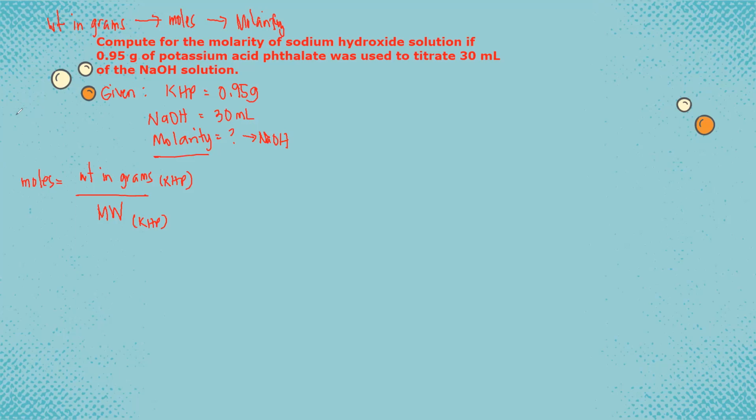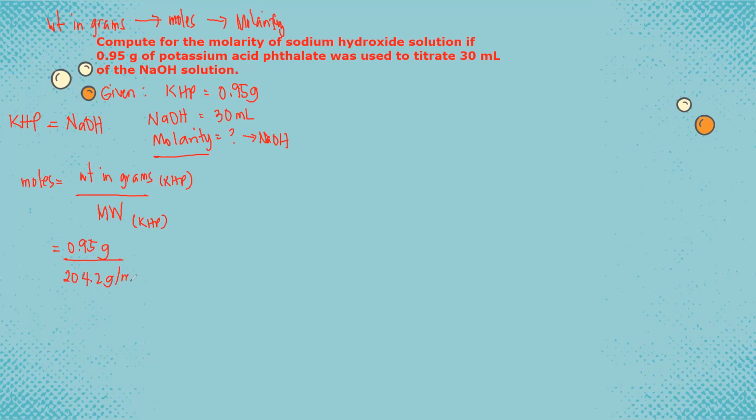So do not forget in titration, if you have reached the equivalence point, there will be equal amount of the potassium hydrogen phthalate that will react with the NaOH. So mag-i-equal yung kanilang number of moles. Kaya pwede natin gamitin yung weight in grams and molecular weight ni KHP in the computation. So again, the given is 0.95 grams divided by the molecular weight a while ago, that's 204.2.